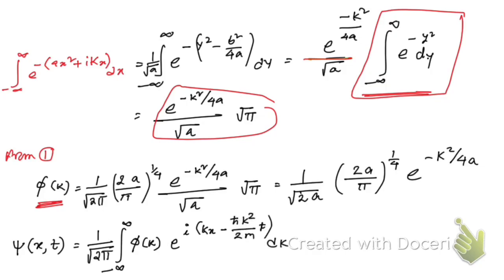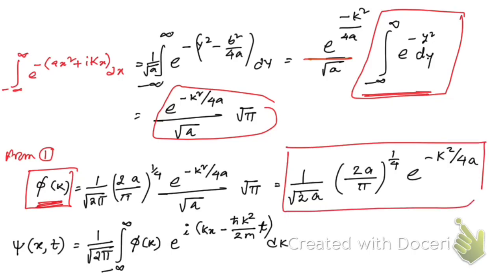So this is the formula to obtain psi of x comma t, right? Now let me use this result for phi of k, which is equal to this. Let me copy these two steps and go to a new slide.